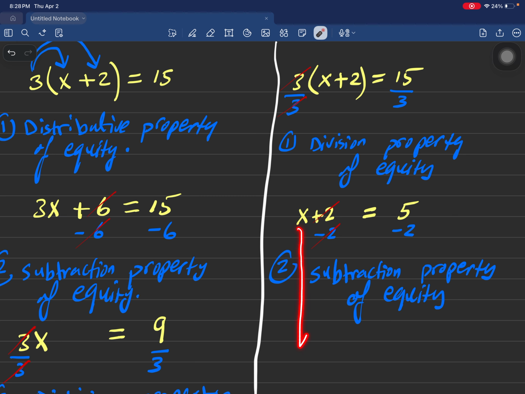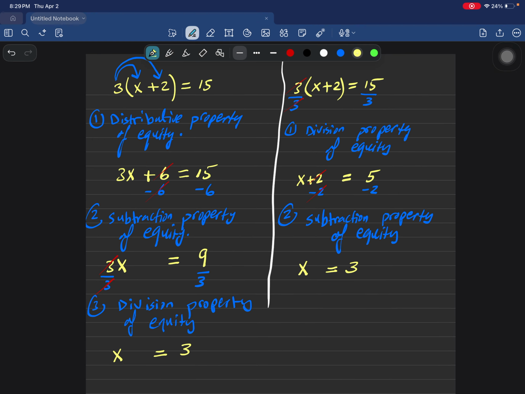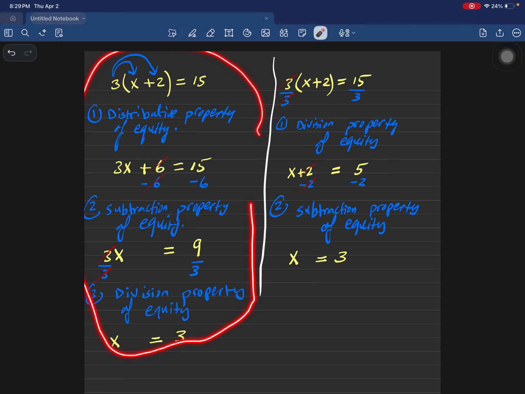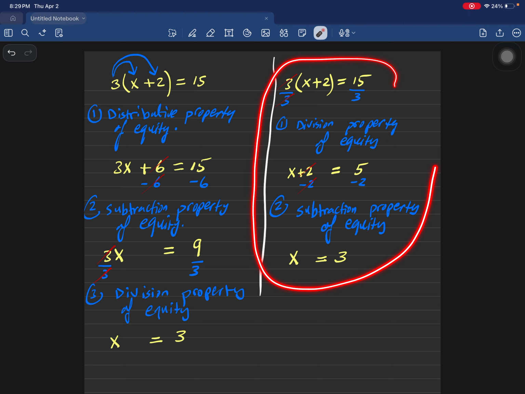Take it down. So we have x equal to now 5 minus 2, which is equal to 3. We take it down and the answer is 3. We can see that the method on the left with 3 steps reaches the answer 3, and the method on the right has just 2 steps and we end with the same answer, which is 3.